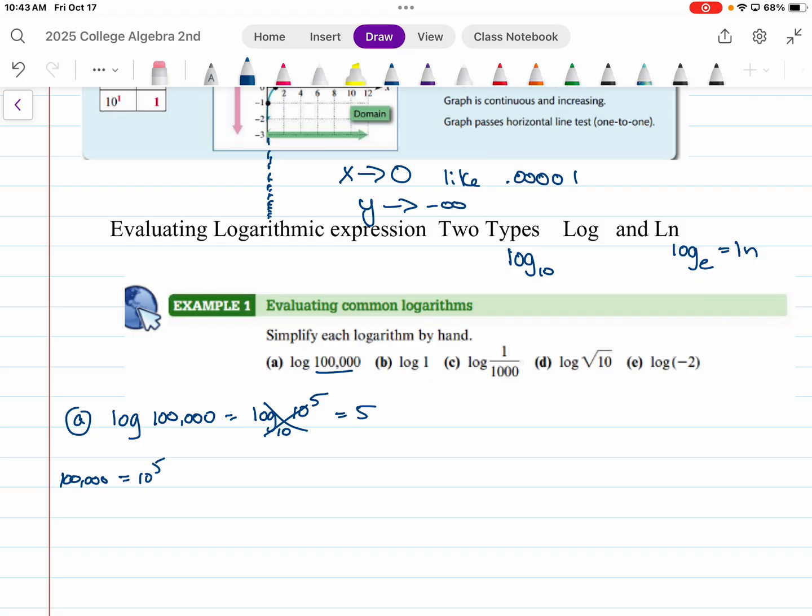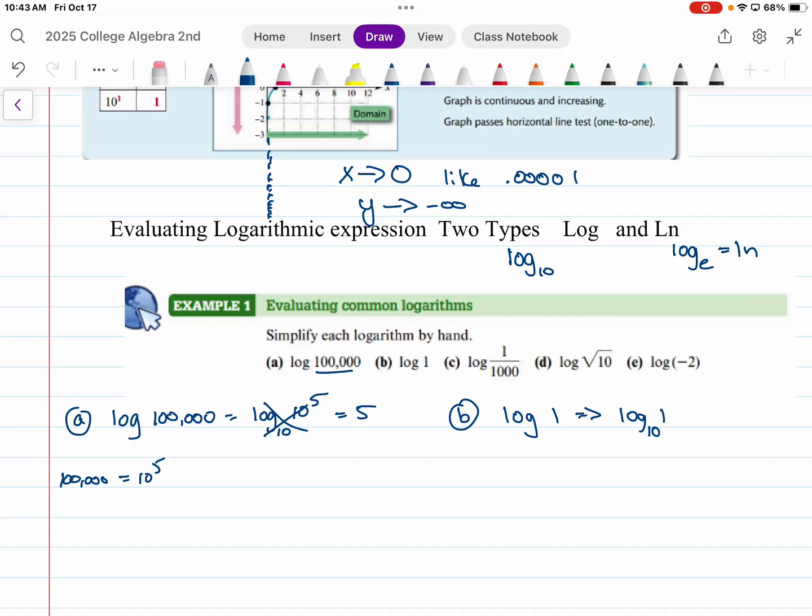And then on part B, if I have log of 1, I can rewrite this as log base 10 of 1.